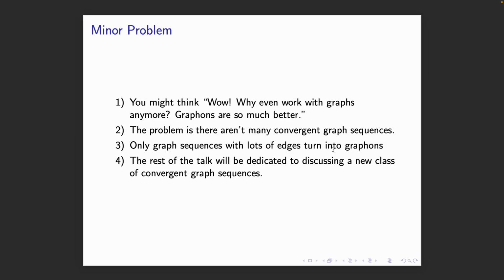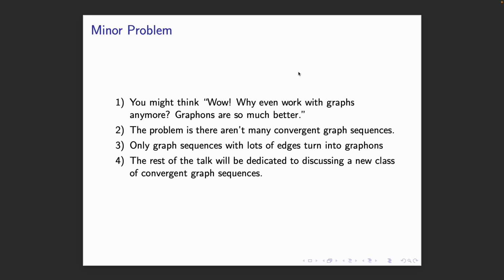Now there is a slight problem with this approach. You might be thinking, why would I even want to work with graphs anymore? Graphons are way better, they're way cooler. However, there really are not that many convergent graph sequences, and the only graph sequences which will actually turn into a graphon are those that have a lot of edges. We call these dense graph sequences.